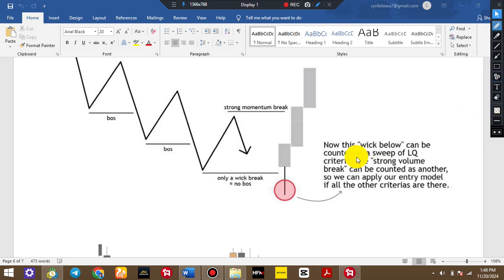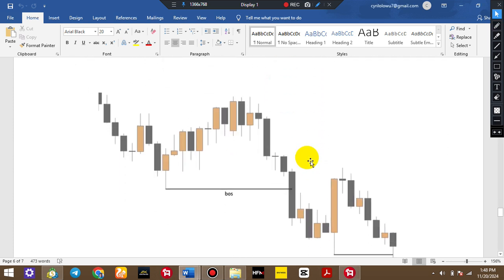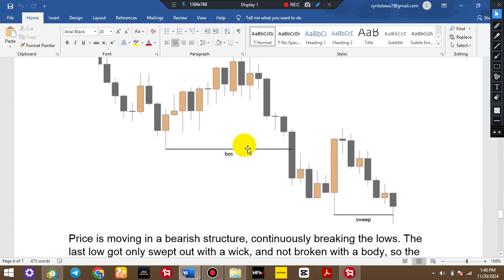Now let's move further. Now look at the situation like this, where price came and closed with the body in the first case, but in this case, price came and closed with what? Weak. Can you see? Price came there and closed with that wick. So it means either price is going to go bullish from here or price is going to continue going the other way around.